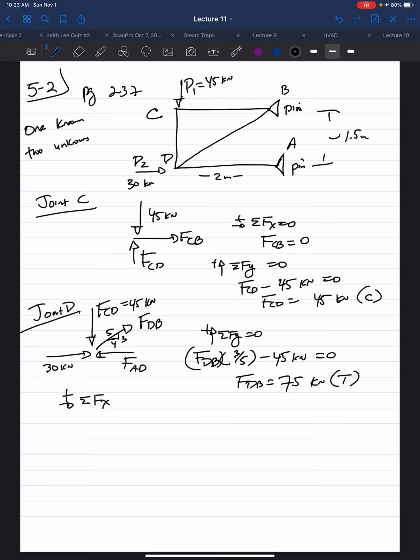Take the sum of our forces in the X direction. We now know FDB, so it's 75 kilonewtons times 4/5, which is the x component, plus the 30 kilonewtons, P2, minus FAD, and FAD gives you 90 kilonewtons.